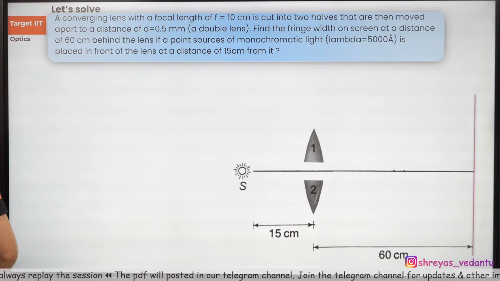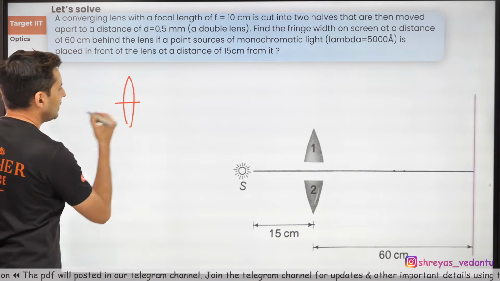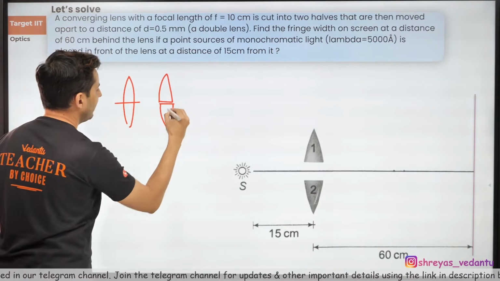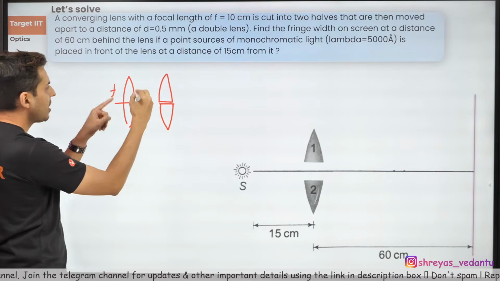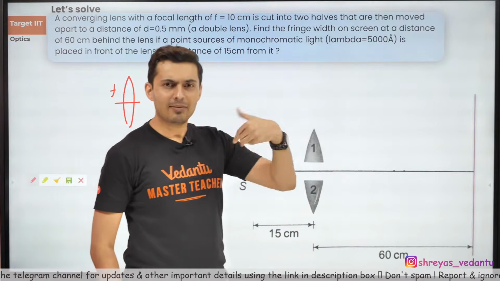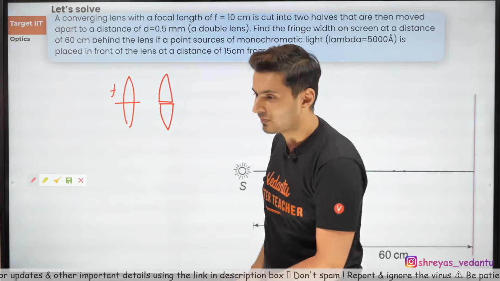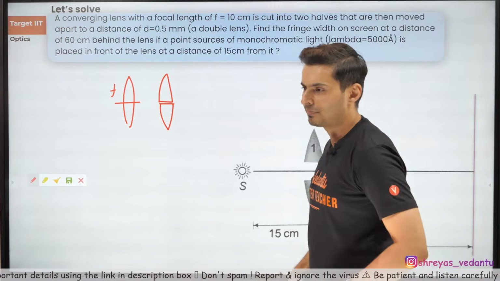And I'll tell you what. See, when you have a lens and you break it like this, does each half have the same focal length as the original lens, or twice, or half? What is the new focal length of each half part this way? Come on, let me know in the chat box. Let's see how many of you know this. Very simple fact.